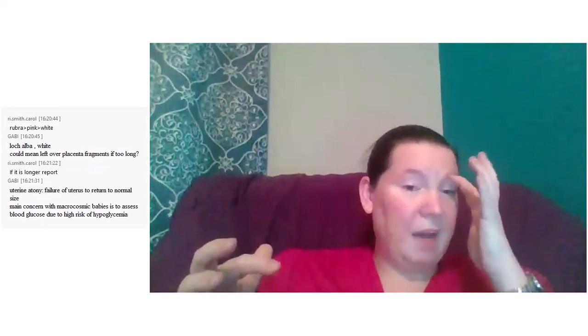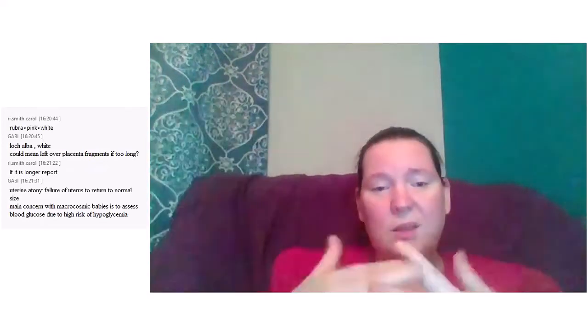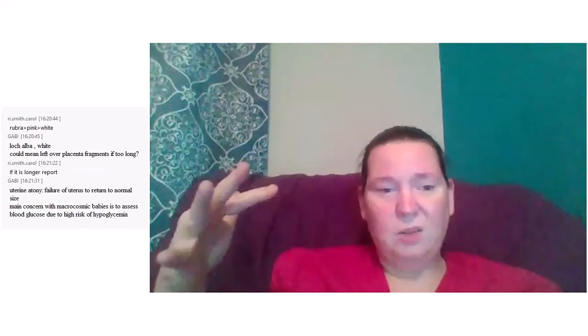If you have a macrosomic baby, because of the extent that the uterus had to stretch, there's more that it has to contract back down to stop bleeding. Polyhydramnios, anything that makes the uterus stretch overly more than typical, increases that risk of postpartum hemorrhage. So think of the amount of room it has to stretch, or if there are things that are preventing it from contracting back down.